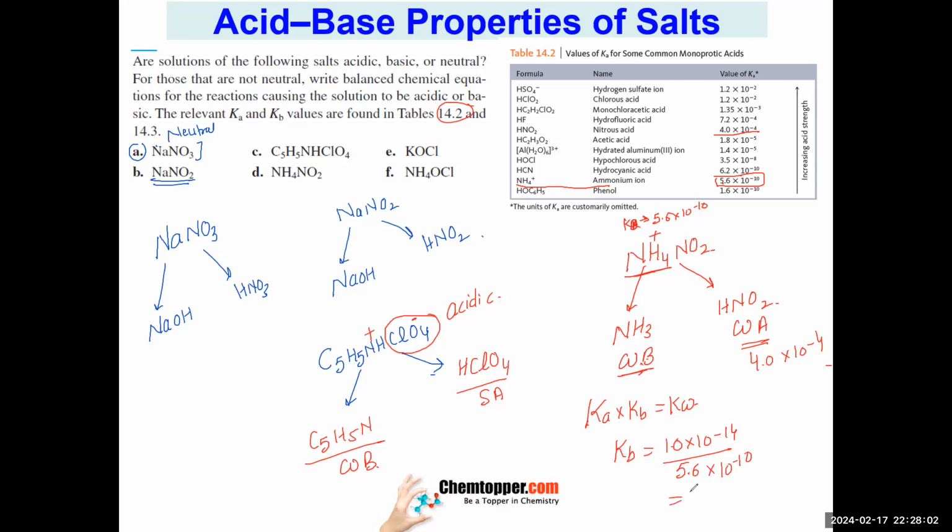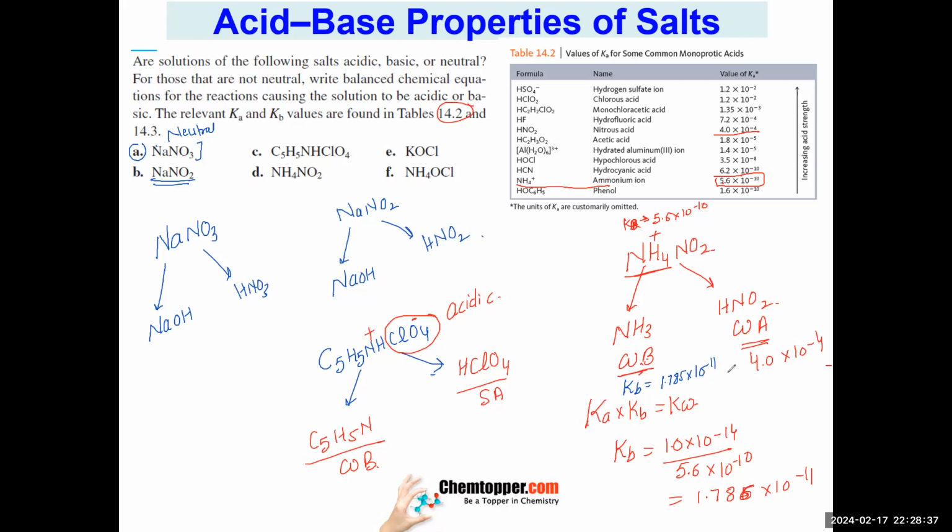Can you check what's the answer? It is 1.7856 times 10 raised to power minus 11. So Kb of the ammonia is 1.785 times 10 raised to a minus 11.